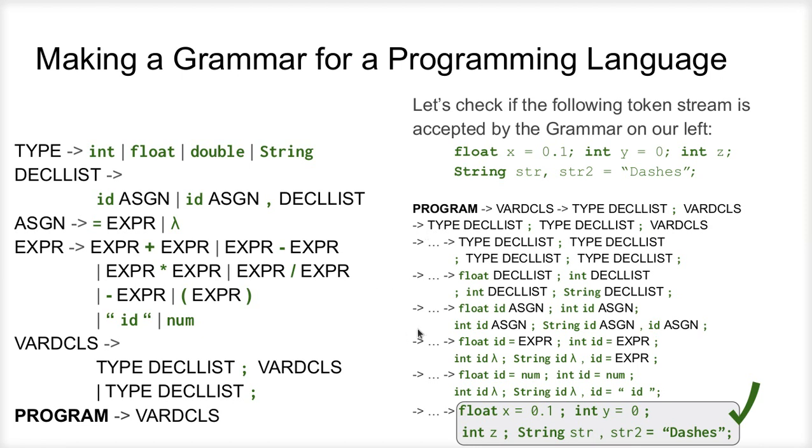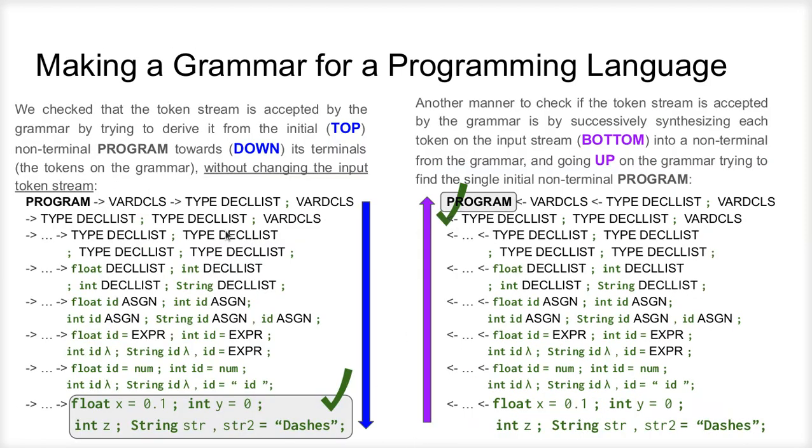So this is a top-down process, as we will see on this slide, because we check that the token stream is accepted by the grammar by trying to derive it from the initial non-terminal program towards its terminals. There are the tokens on the grammar without changing the input token stream.